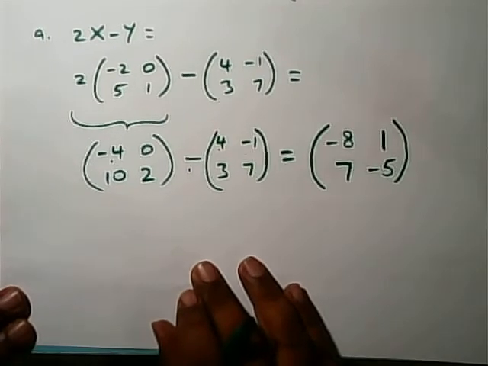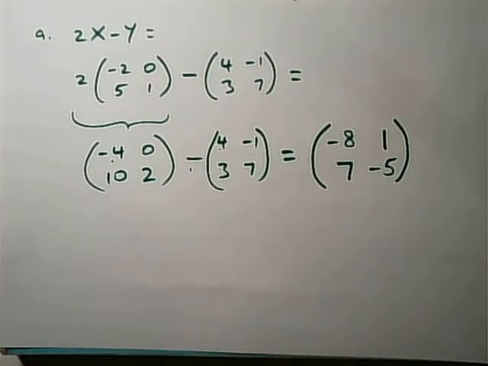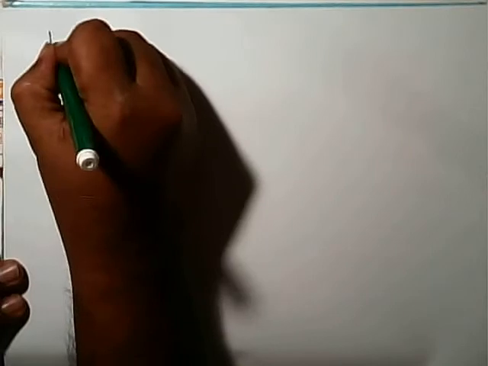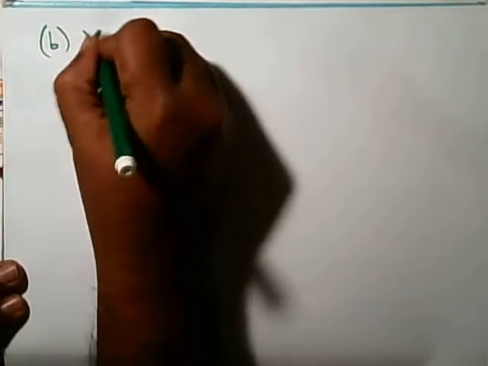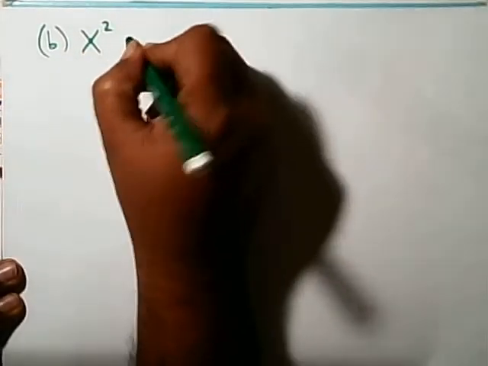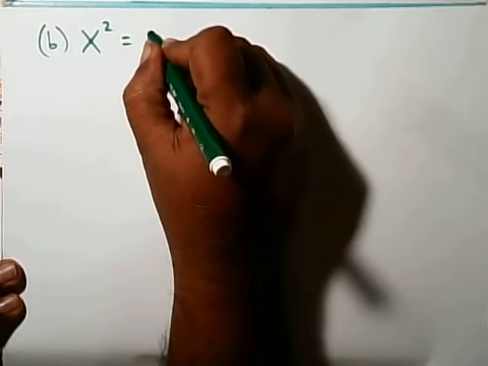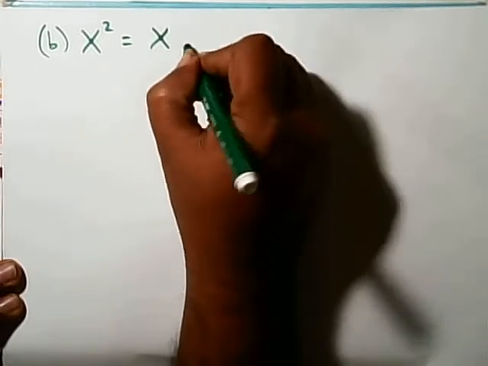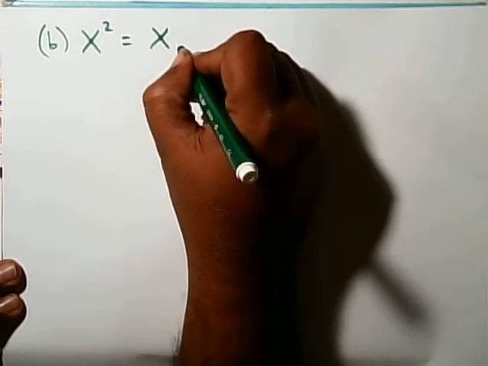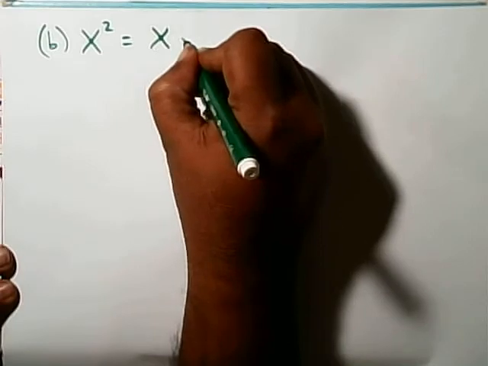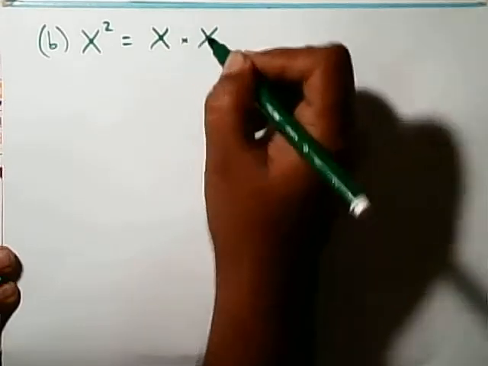Next part is B, which will need a lot more paper. Part B is find out what is x squared, and that x squared would mean x multiplied by another x.